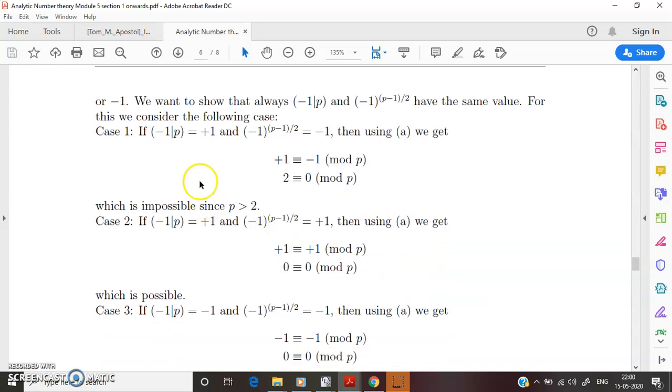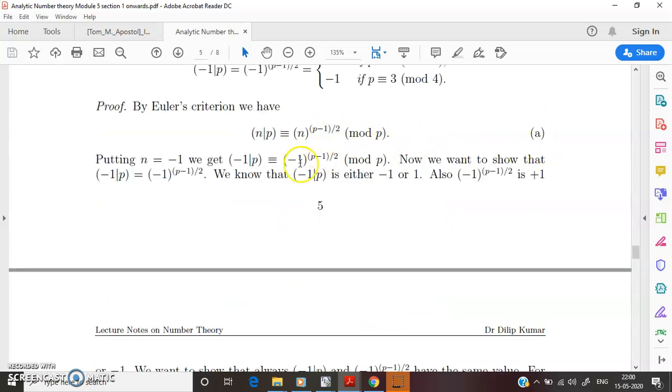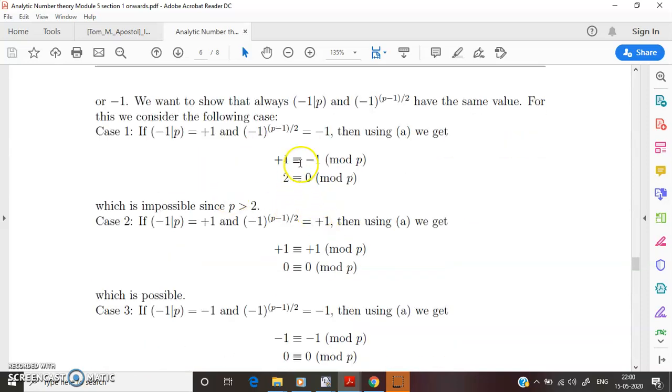So we have to prove that the Legendre symbol minus 1 over p and minus 1 raised to (p minus 1) by 2 take the same value. For that we consider four cases. If minus 1 over p is equal to 1 and minus 1 raised to (p minus 1) by 2 is equal to minus 1, then by this equation we get 1 is congruent to minus 1 mod p, which is 2 is congruent to 0 mod p.